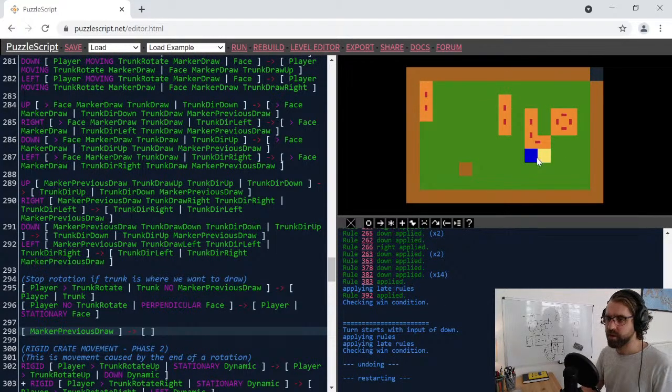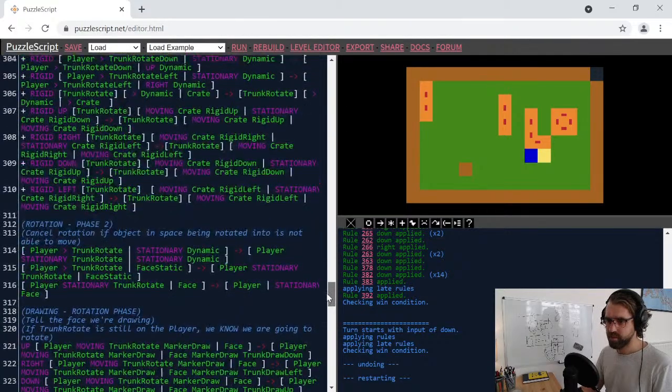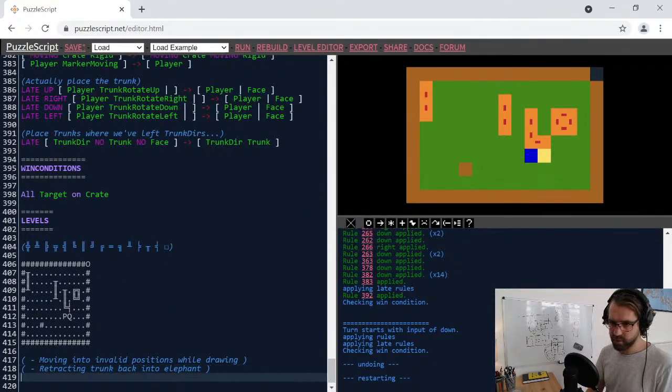Okay, so next, make a note of the things. So, blocked rotation causes trunk to appear on elephants.